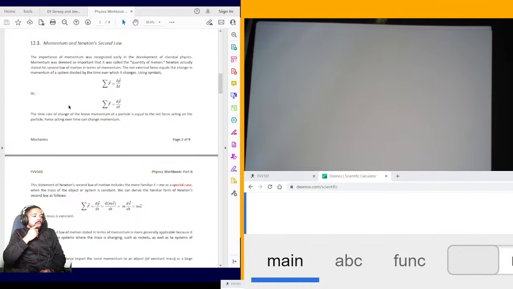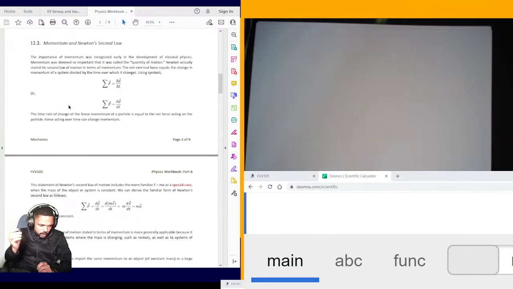Now Newton, like I said earlier, stated the second law of motion in terms of momentum. We are all familiar with F equals ma, but that is a specialized case of Newton's second law. Newton's second law says that the net external force is equal to the change in momentum of a system divided by the time over which it changes.